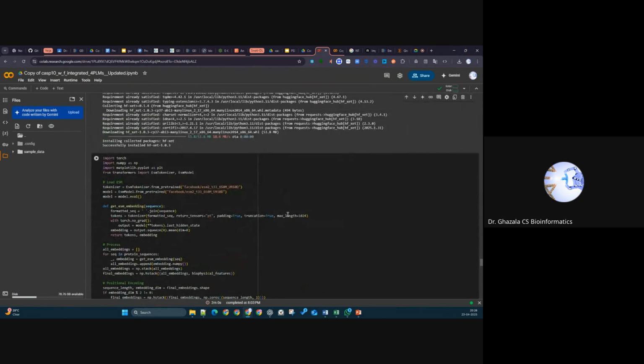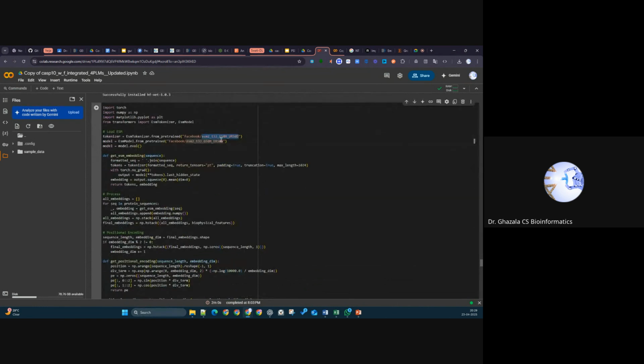And here we need to remember that the maximum length we need to give is 1024, because for the sequences that we have in CASP10, the minimum value that we can take is 1024, and for all the models we have taken 1024. So to keep it constant over the models, we are fixing this value.